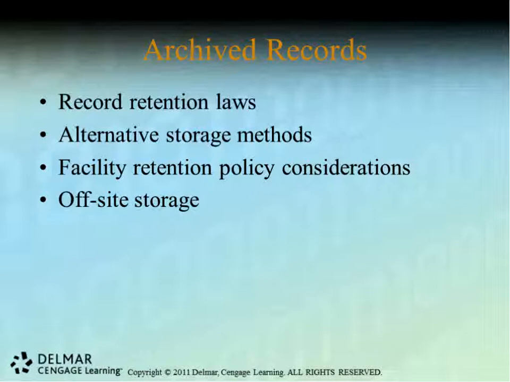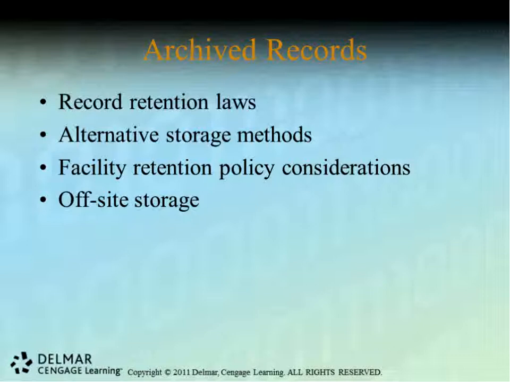However, facilities can have a stricter policy where they keep records even longer than is outlined in any of those I've mentioned above, based on the cost of storing them, as well as what their needs are. Now, some may opt to purge their records once they have satisfied those record retention laws. Or some, if they have adopted an electronic health record system, decide they want to keep those indefinitely.